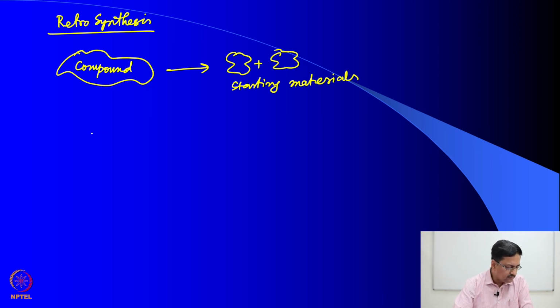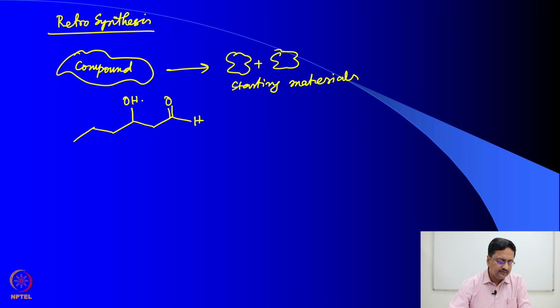If I ask you to give me a reaction mechanism to form this compound and identify the starting materials for this compound, what should be your approach? You see, from this first carbon C1, this is alpha, that is beta, and what we know is the bond between alpha and beta is the bond which is formed by aldol condensation.